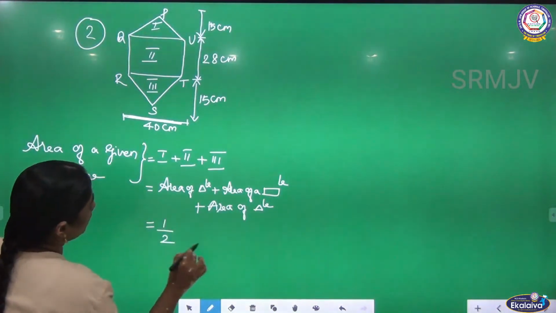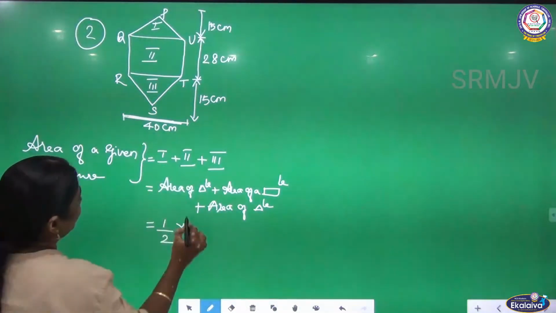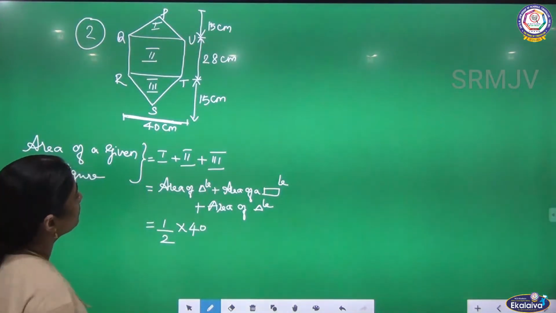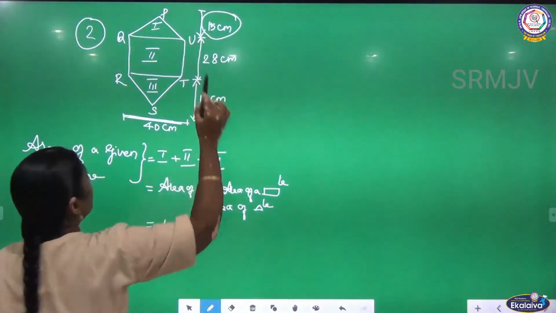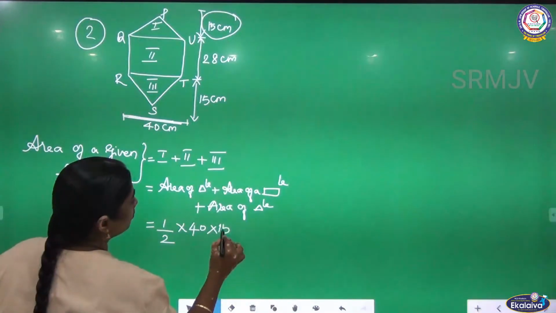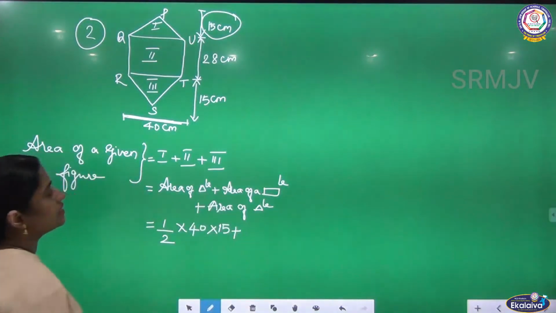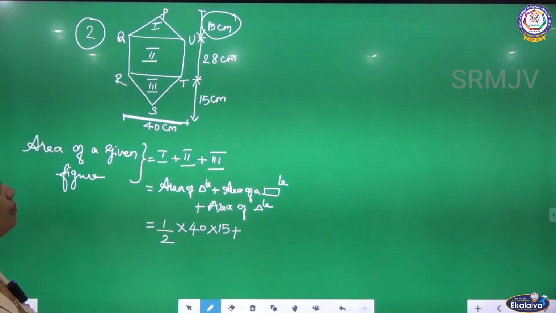So half into base is 40 centimeter into height. What is the height given here for the triangle? 15 centimeter.